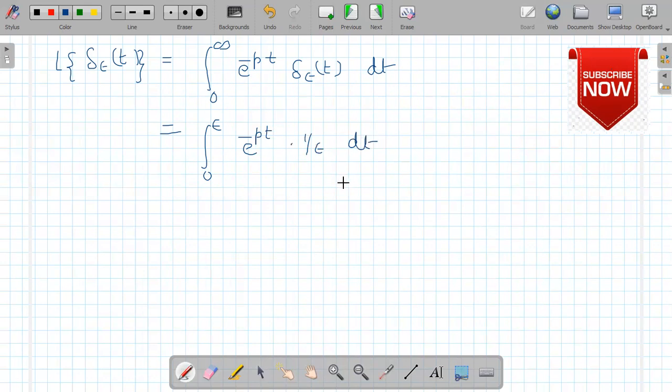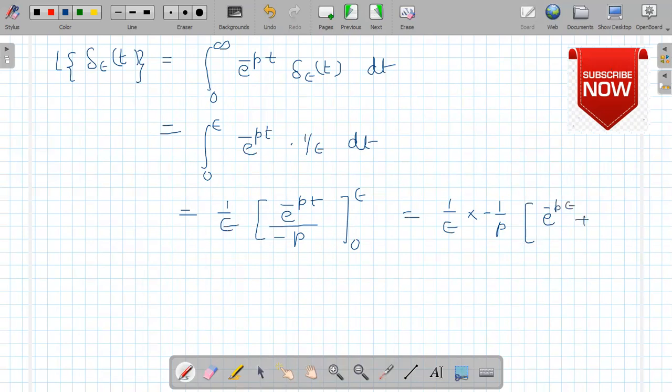We integrate this with respect to t. 1 by epsilon is constant here, and the integral of e raised to the power minus pt is e raised to the power minus pt divided by minus p. This is equal to 1 by epsilon into minus 1 upon p into e raised to the power minus p epsilon plus 1.